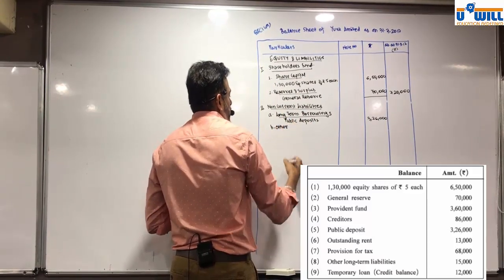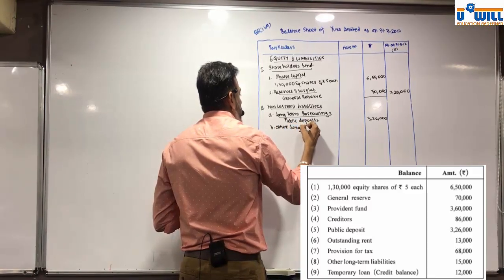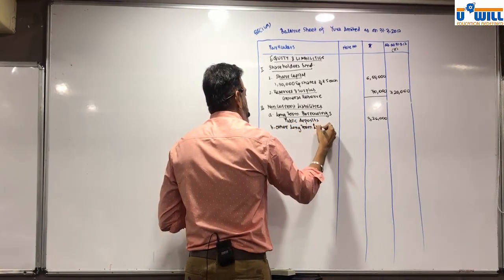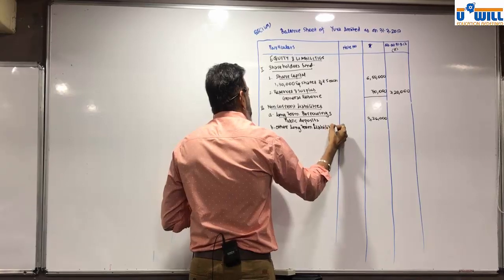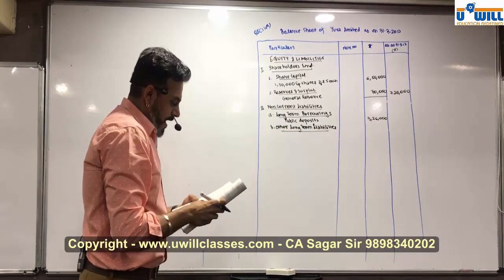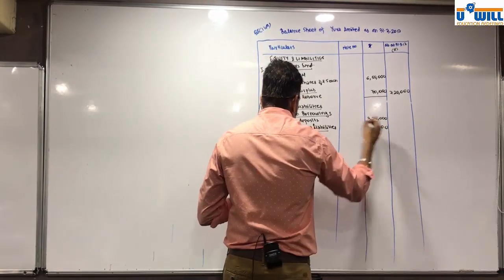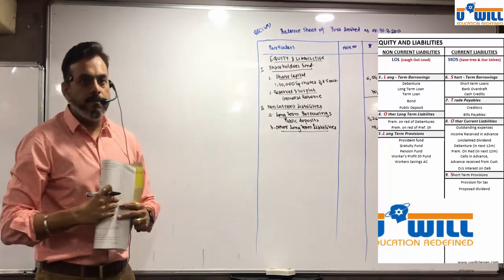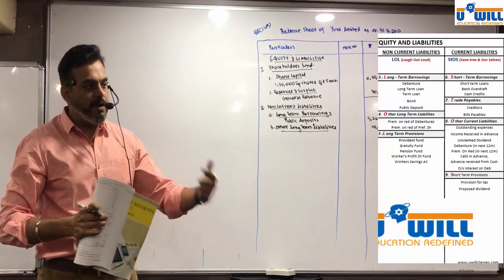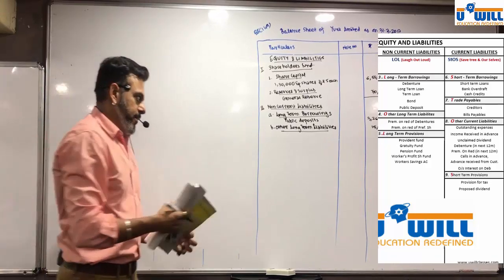Other long-term liabilities. Do we have other long-term liabilities directly given? 15,000. What does this contain? Premium on redemption of debenture, premium on redemption of preference share. Okay.